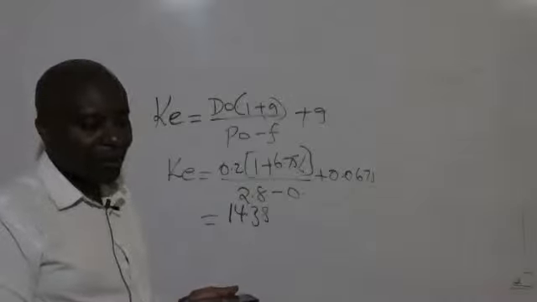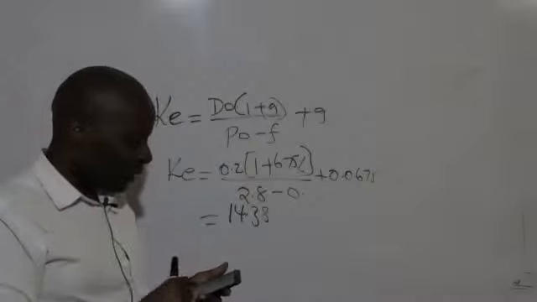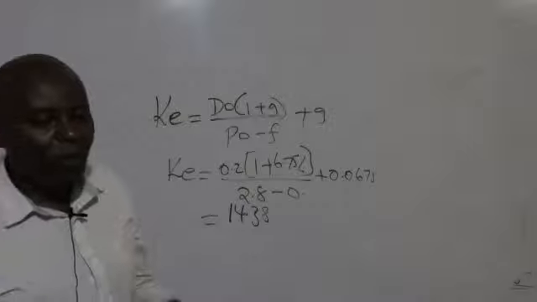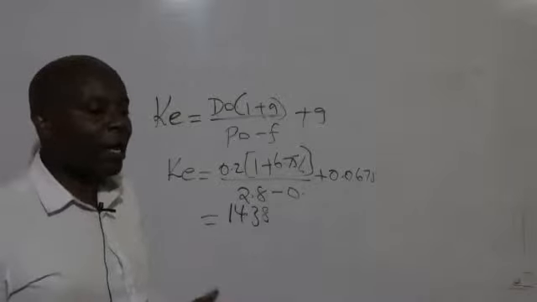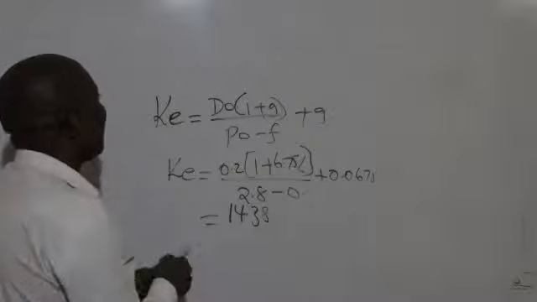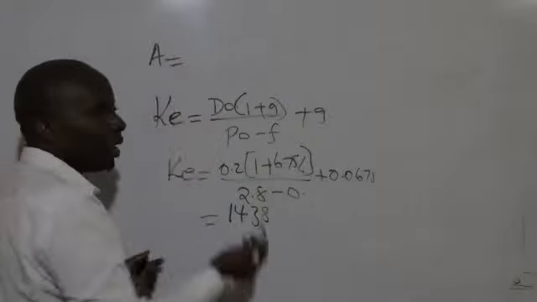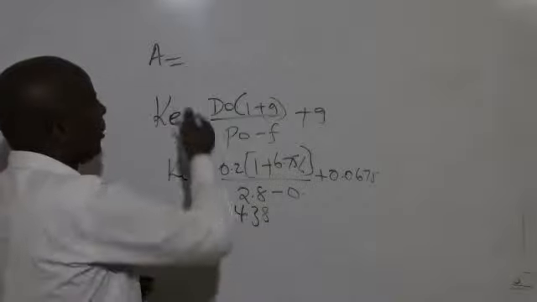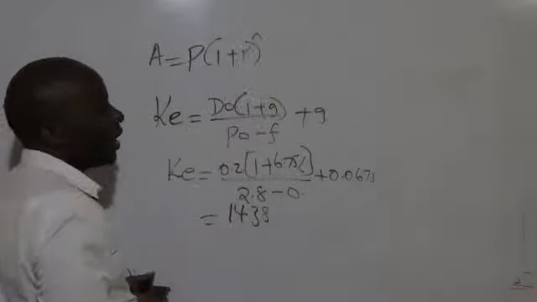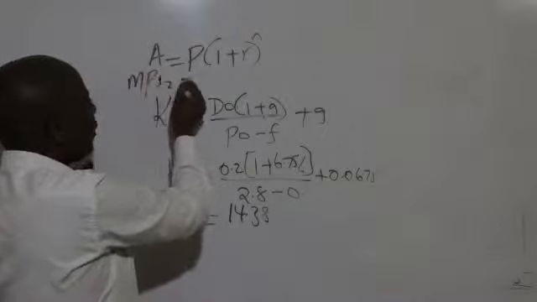Now from there, lastly, they want us to give them the market value per share in 2 years' time. Remember, this is synonymous to using the compounding formula, where amount will be equal to principal into 1 plus R raised to power n, where this amount will be the MPS at the end of year 2.